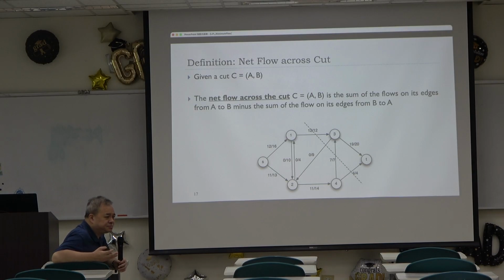So for example, if you look at this figure, this is the flow network, obviously. So my first question for you, what is the maximum flow here? Can somebody answer me?